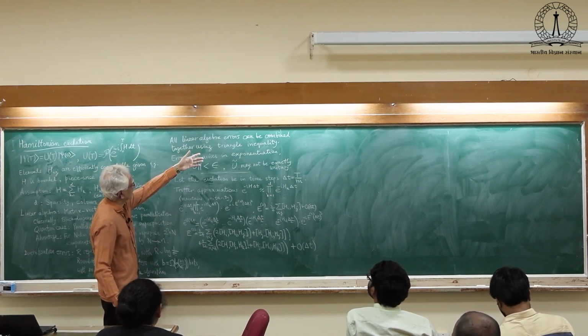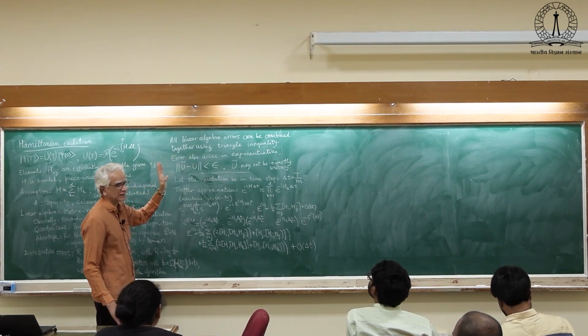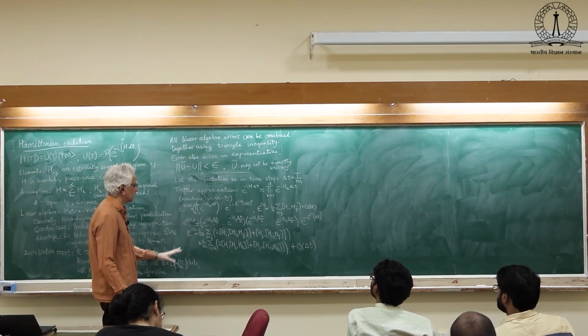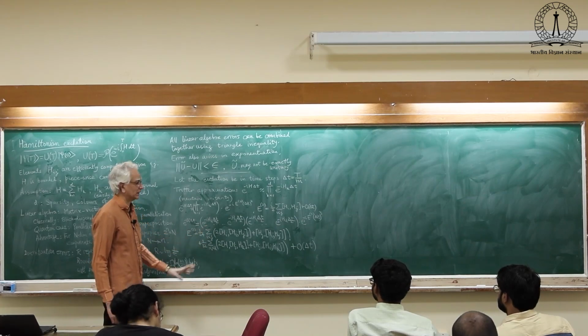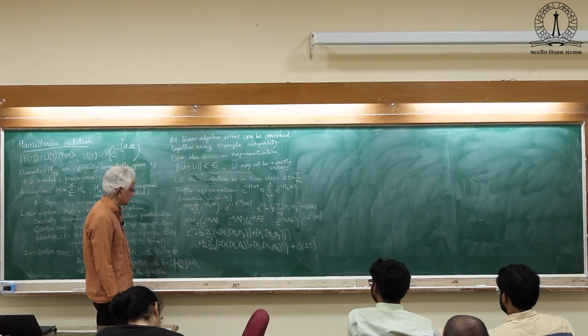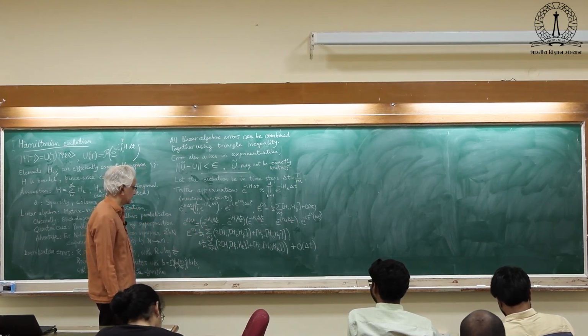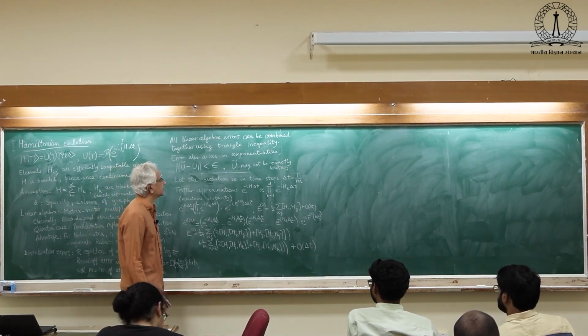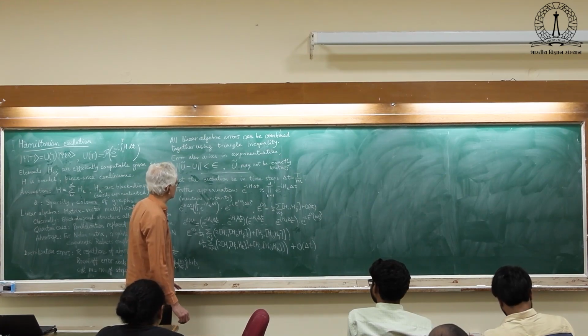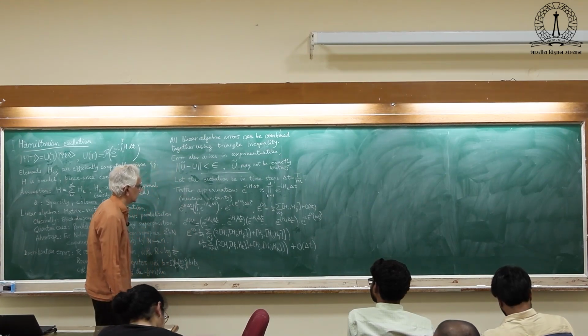Mostly it will be the triangle inequality or the Cauchy-Schwarz inequality, nothing more than that, because all you are doing is matrix times vector multiplication. But that is what needs to be estimated to get the idea of the total complexity.